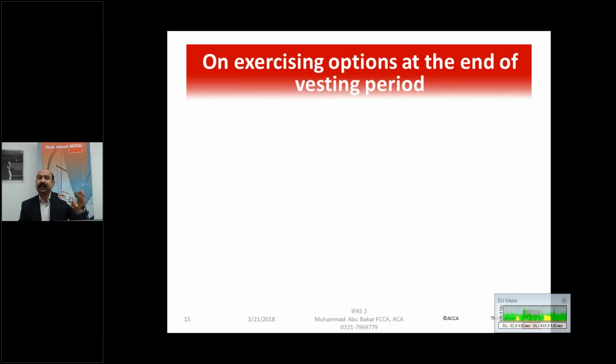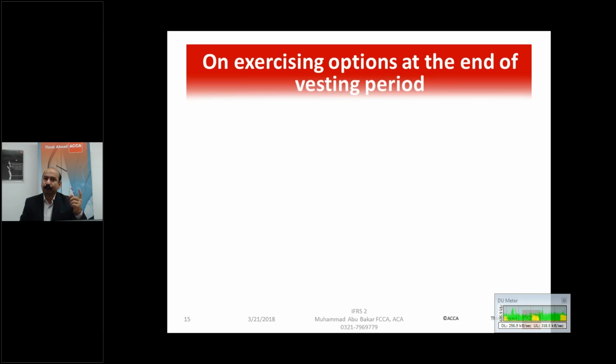Like we received, say, cash. Cash will be debit and credit will be share capital with an amount equal to the number of shares issued into their face value. Any surplus will be recognized in the share premium account. This is the basic concept which we know from our earlier studies. The same concept will apply over here.